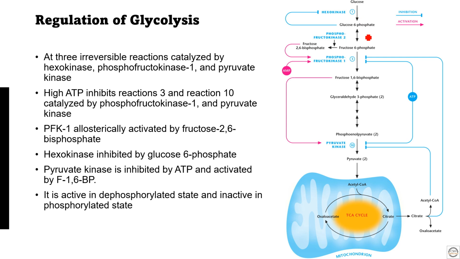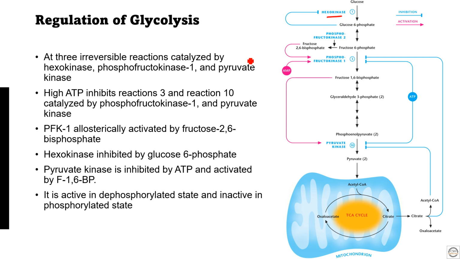If you see here, one point to note is that in all these steps, the reaction is irreversible. All these steps are irreversible reactions, and they are regulated at these three steps.